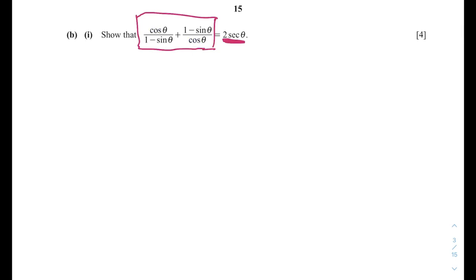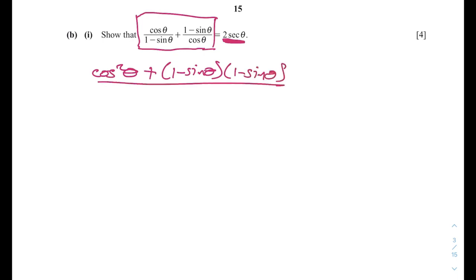Use this guy to multiply here, use this guy to multiply there, and then multiply the denominators. So that's what I'm going to do. So I'm going to get cos times cos, giving me cos squared theta. Then I have 1 minus sine square theta, and I have 1 minus sine theta, sorry, all over cos theta into bracket 1 minus sine theta. I don't want to expand it now, but let's expand the numerator.